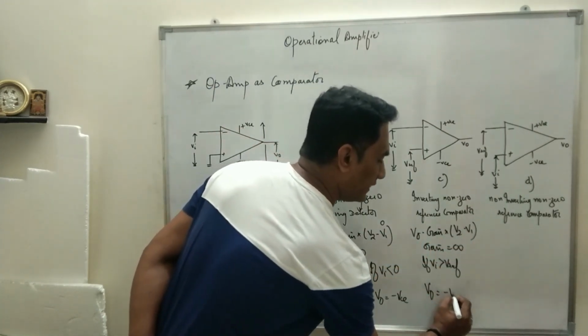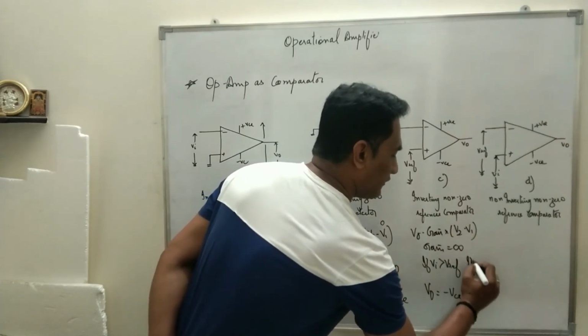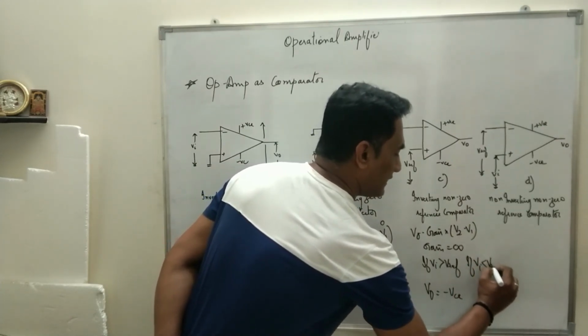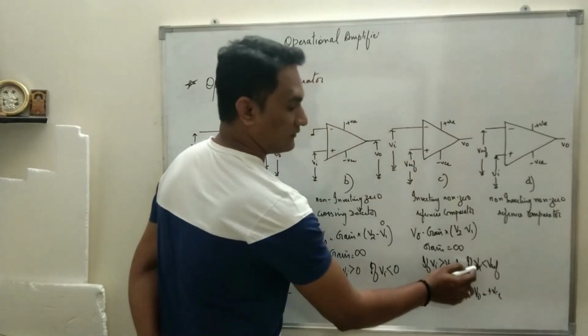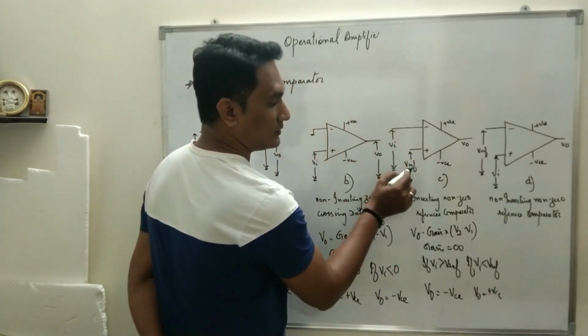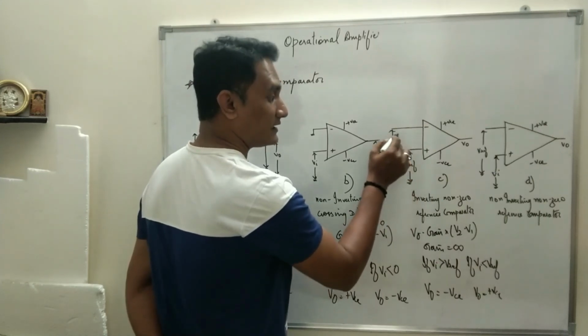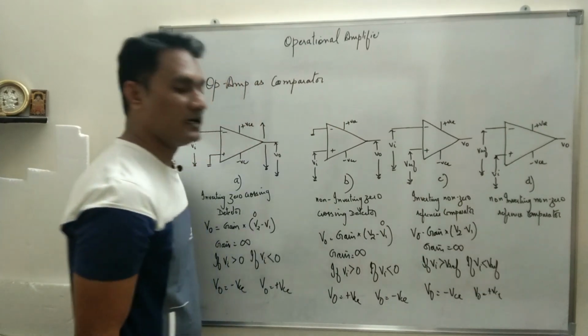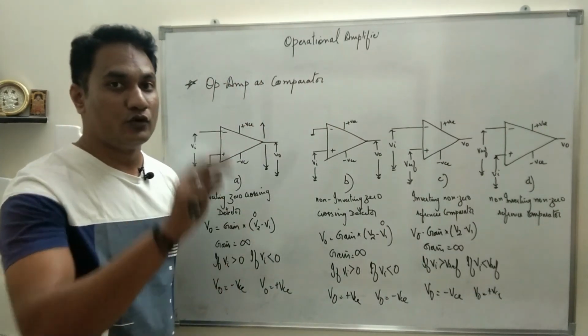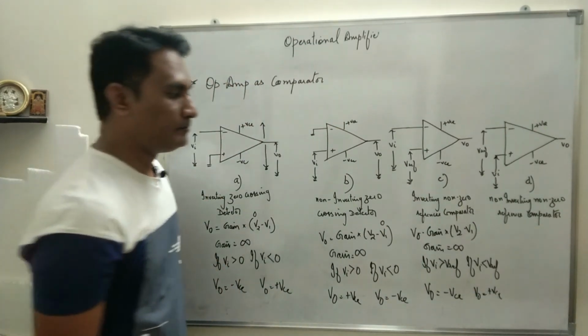So V0 will be minus VCC, and if Vi is less than V reference, V0 will be plus VCC, right? Vi is less than V reference, that means the voltage of V reference is greater than Vi, so the difference between these two will be positive, so the output voltage will be plus VCC. So that is how two input voltages can be compared.